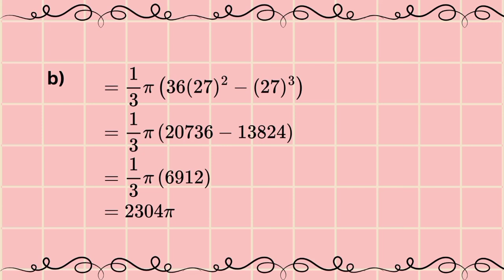After finishing everything inside the brackets first, we multiply the brackets with 1 per 3 pi. And with that, we have the answer: 2304 pi as our final answer for the maximum volume.